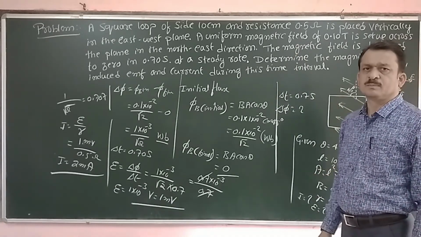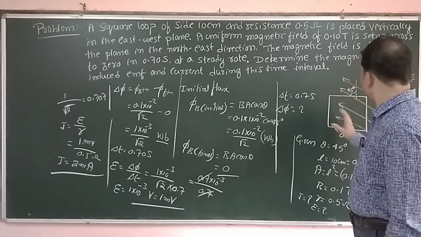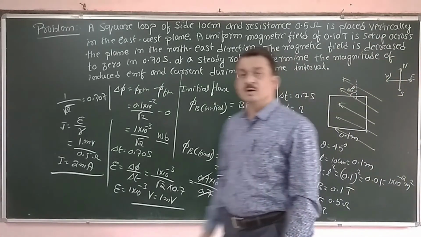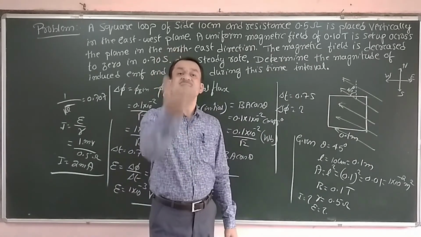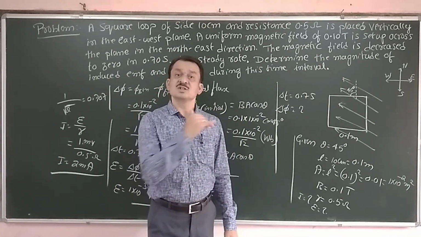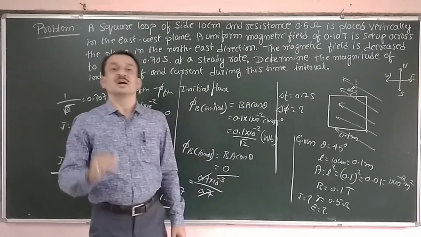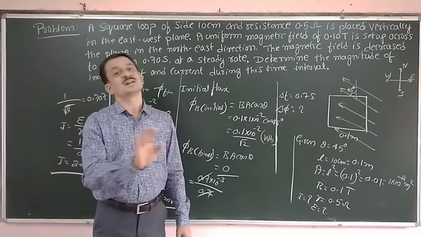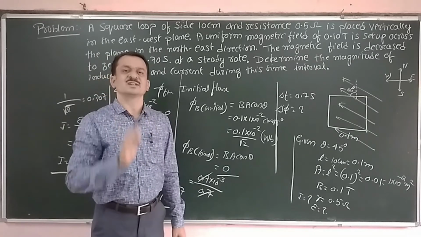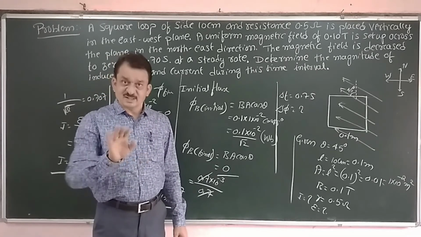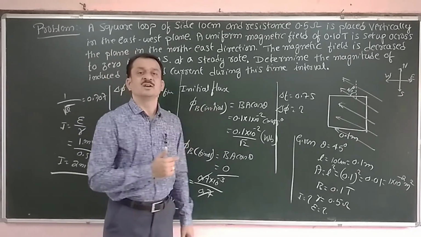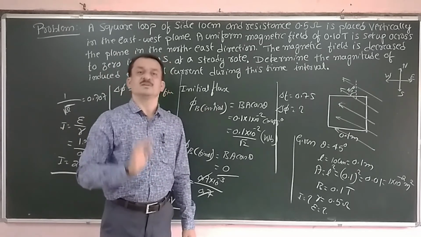Now, one thing: here we have applied an external uniform magnetic field. Earth's magnetic field is also present, but Earth's magnetic field is uniform. It is not at all changing, it is constant. And hence, there is no EMF induced in that coil due to the Earth's magnetic field.